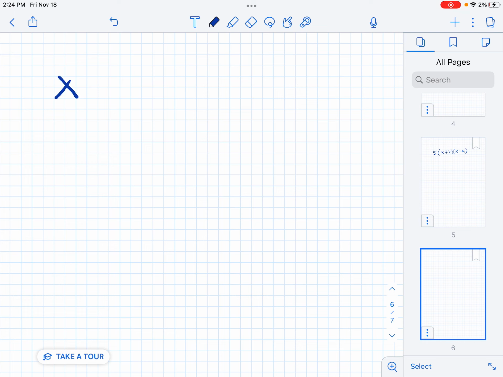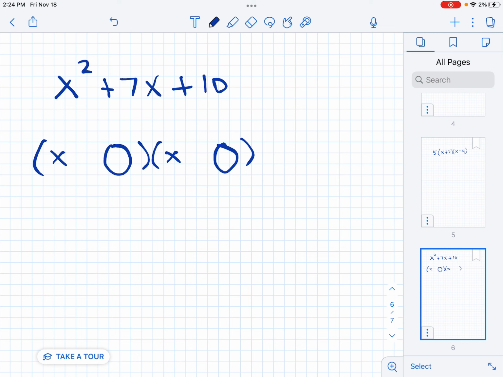So let's start with x squared plus 7x plus 10. We're going to turn that into factored form, so it's something like that. And so after the x, now we want a number here and a number here that when I add them up, I get a 7, and when I multiply them, I get a 10.